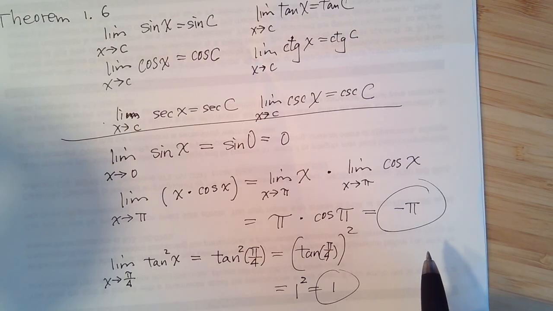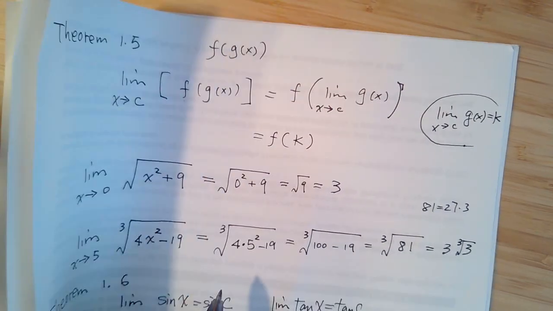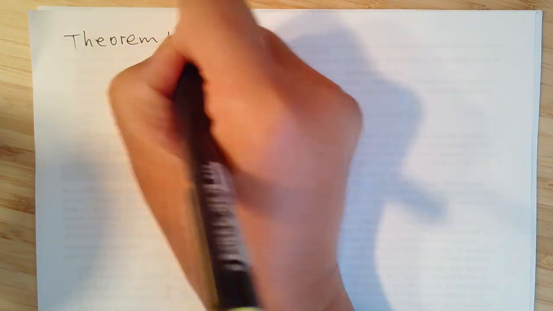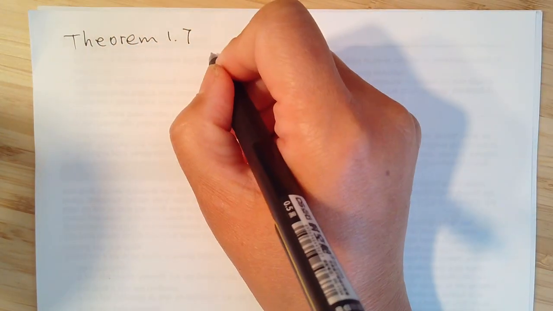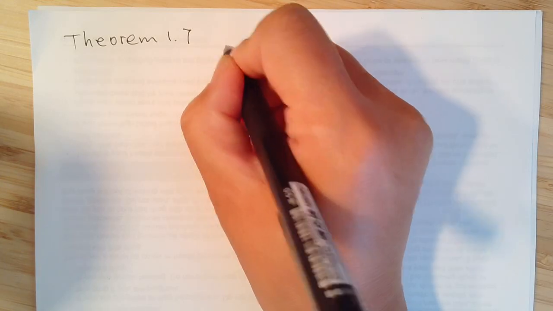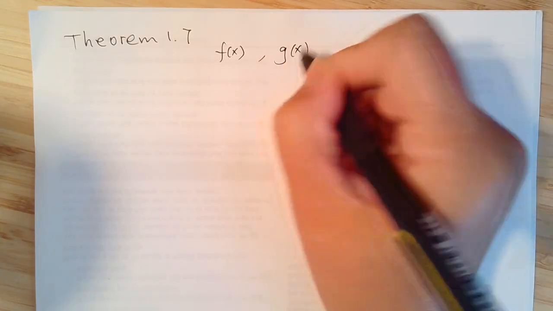Okay, so I gave you these examples to show the limits of trigonometric functions. All right, now the last one is important. Well, it's interesting. I think it's interesting. Theorem 1.7. So you have this f function. You have a g function.